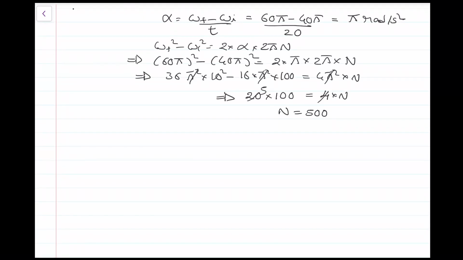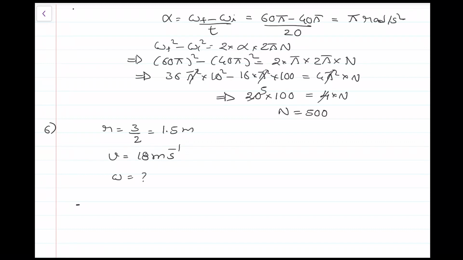Next, problem number 6. A point on the rim of a wheel 3 meter in diameter, so radius is equal to 1.5 meter, has a linear velocity of 18 meter per second. The angular velocity of the wheel we have to find out.